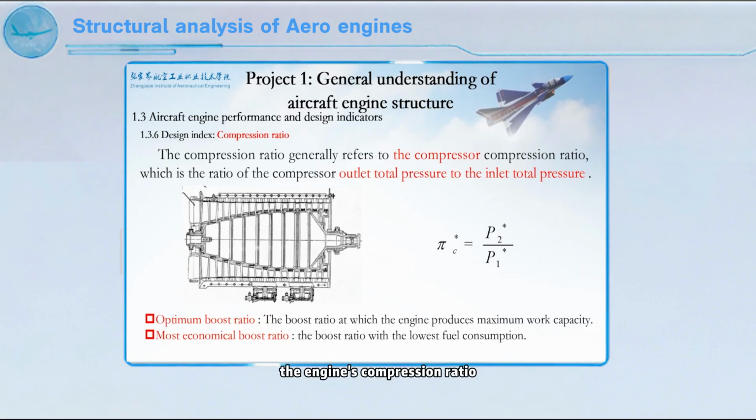The engine's compression ratio has the best compression ratio and the most economical compression ratio. The best compression ratio refers to the compression ratio that produces the maximum work capacity of the engine. The most economical compression ratio refers to the compression ratio with the lowest fuel consumption rate.